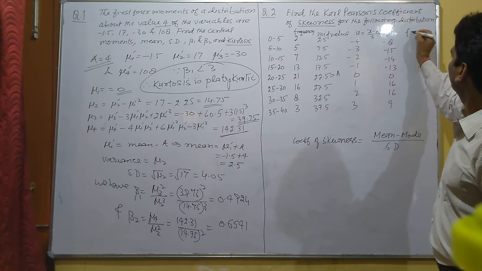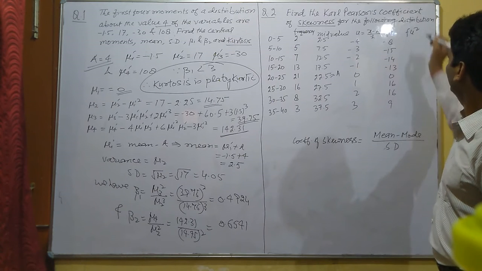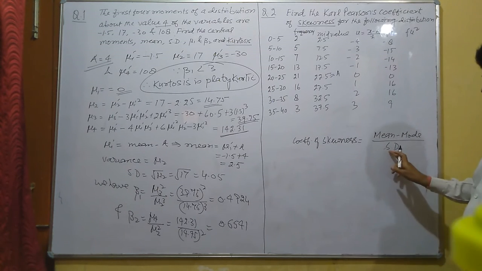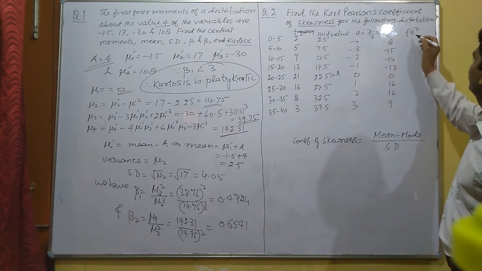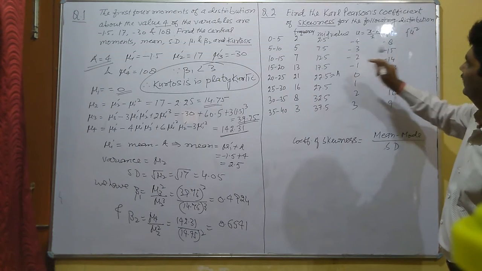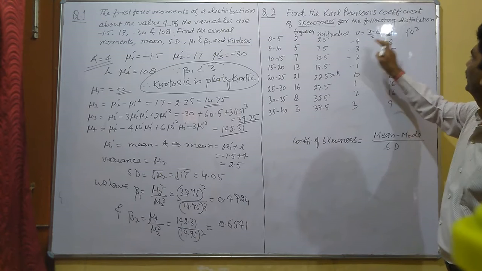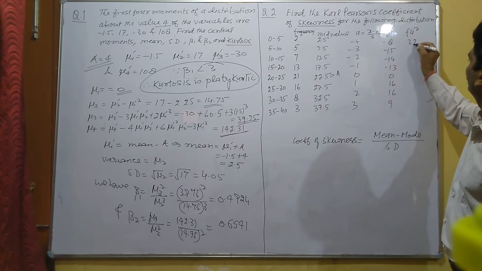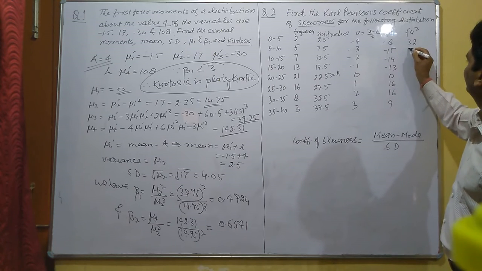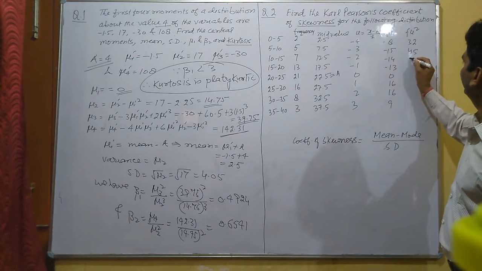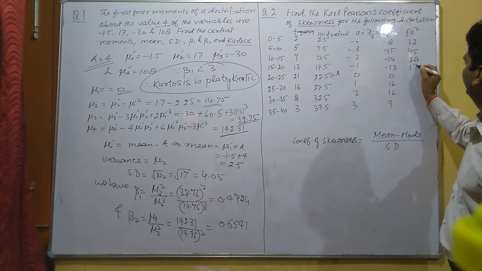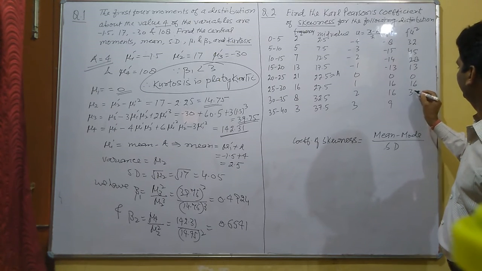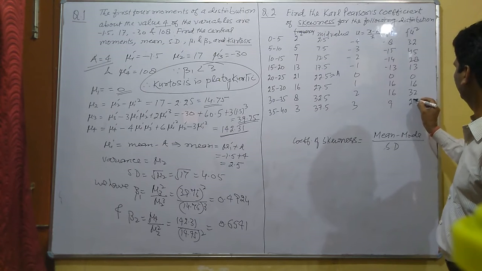Similarly, we have to determine fu square, since it is used to calculate standard deviation. So again multiplied by u in this. So this is 32 and 45, 28, 13, 0, 16, 32, 27.